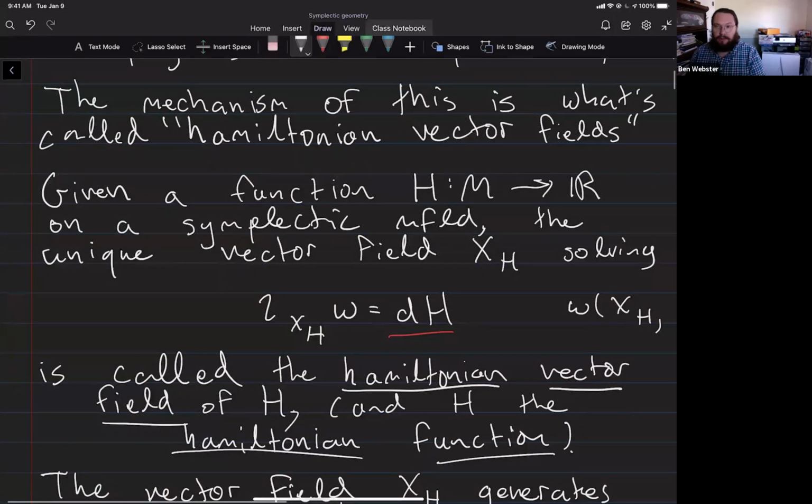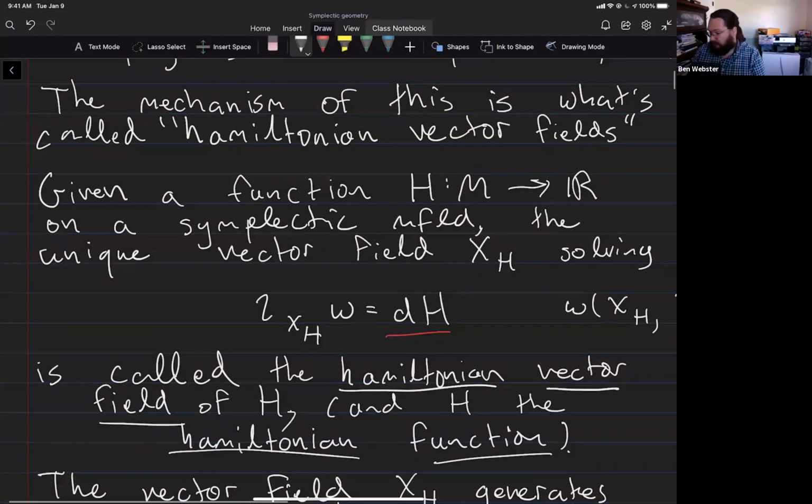And that's called the Hamiltonian vector field of the function H. And as I say, H is called the Hamiltonian function. In physics, that would really mean the energy function on your space of states. Here, I just mean the function that I'm using to get a Hamiltonian vector field.